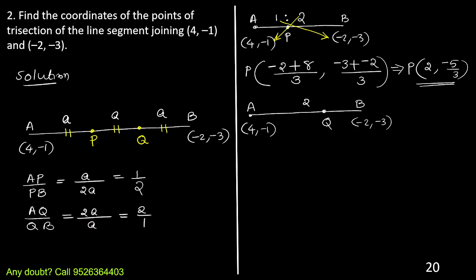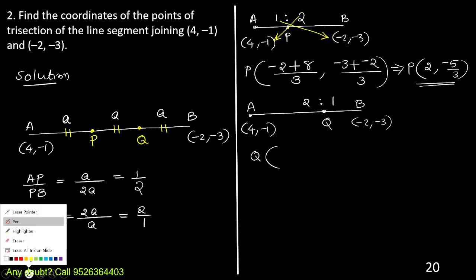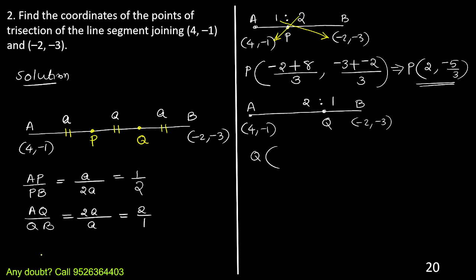In the ratio 2 is to 1, Q divides AB. So using the section formula, you can find out Q. Initially, you may write the formula (m x2 plus n x1) by (m plus n), (m y2 plus n y1) by (m plus n). Then after that, you can write the values. First of all, draw arrows like this. This is the first step. This is the easiest way.